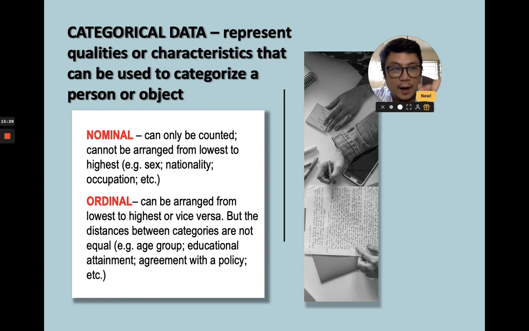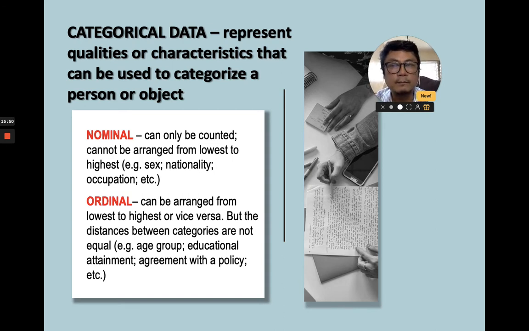I'm neutral, but I don't disagree as much as number 2. Or in other words, my level of agreement with the policy is a little higher than the person who answered number 2. So you can see that we can arrange them 1, 2, 3.